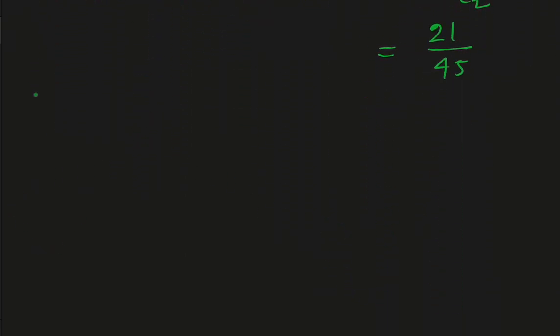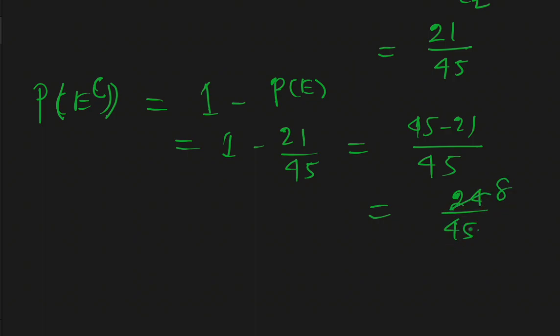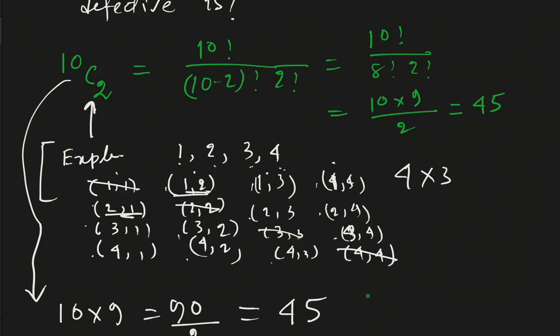So what is the probability that at least one of them is defective? It is 1 minus the probability that no bulb is defective, which is 1 minus 21 by 45, which is 45 minus 21 by 45, so 24 by 45, and that is 8 by 15. So the result is 8 by 15.